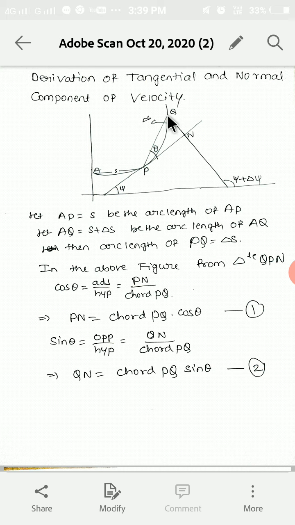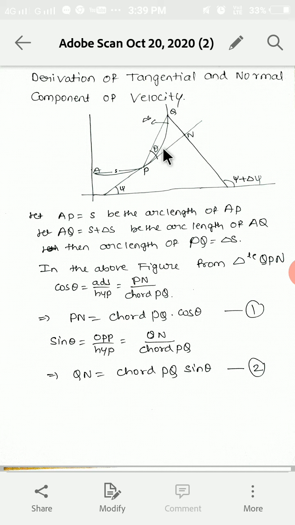From this figure, QPN is a right angle triangle. Let this angle be theta. Now we take cos theta. From this triangle, cos theta is adjacent side by hypotenuse.